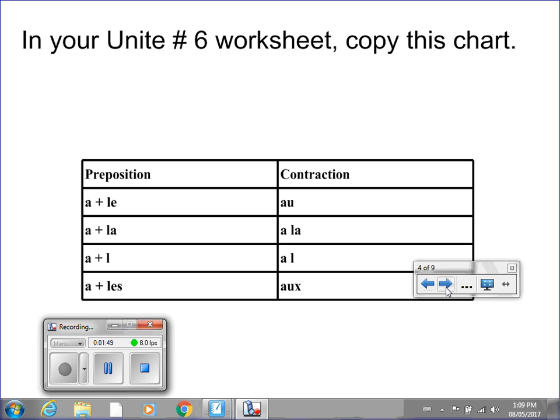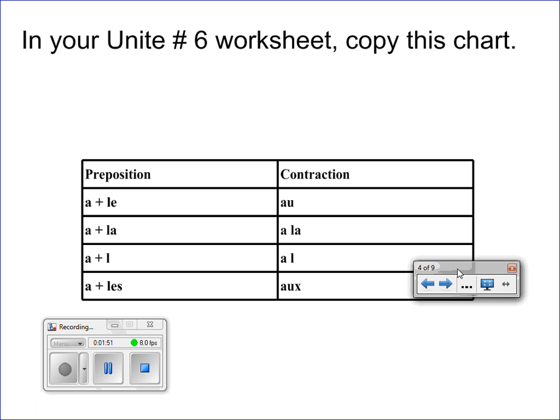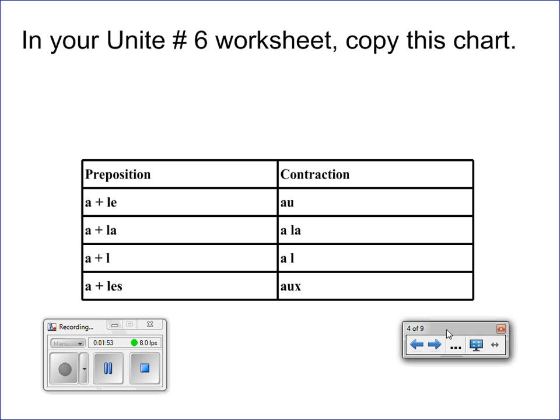All right, here's the first chart that you'll see on your Unité 6 worksheet. And you'll see that when we want to add à plus le, we get au. À plus la actually stays à la. À plus l'apostrophe is the same thing, and there is supposed to be an apostrophe that appears here.